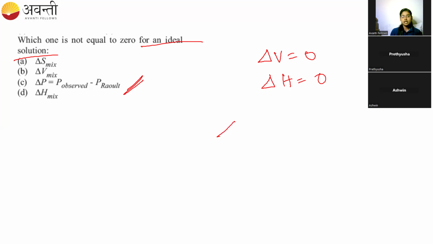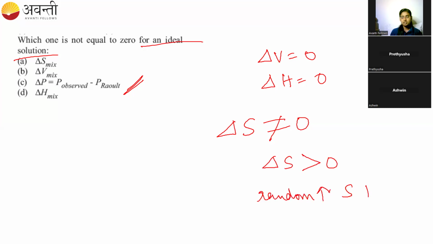But delta S mix is not equal to 0, because change in entropy is always positive because the randomness increases. If the randomness increases, entropy increases. So change in entropy is greater than 0. It is not equal to 0.